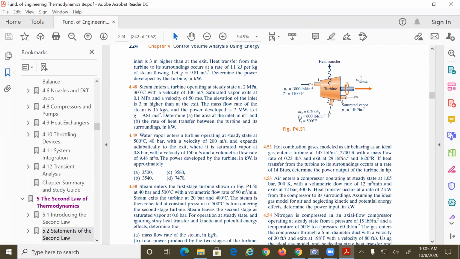They give you M2 to be equal to 0.2 M1. Okay, so it should be here: M1, M3. P2 is equal to 600 and T2 equal to 500.